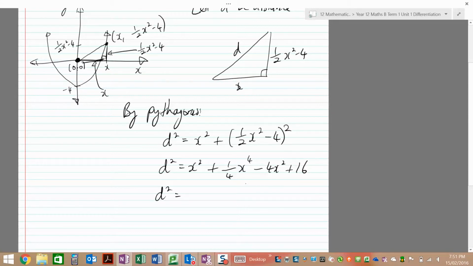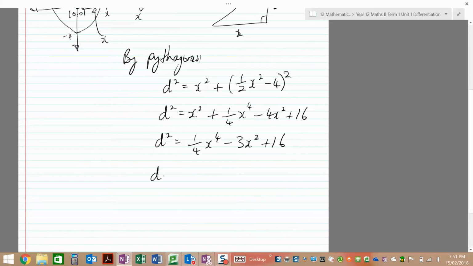Collect some like terms, so I've only got one x to the power 4 term, I've got minus 3x squared, and a 16. So I can now write my distance function: the square root of (a quarter x to the power 4 minus 3x squared plus 16).